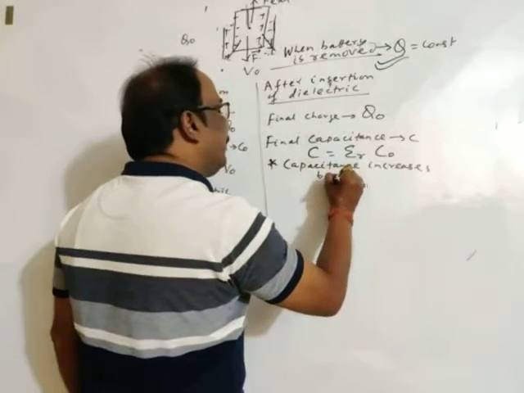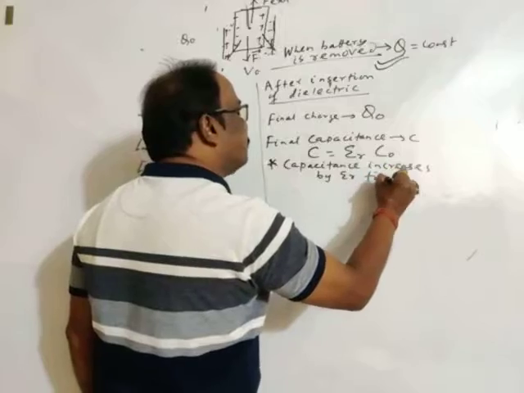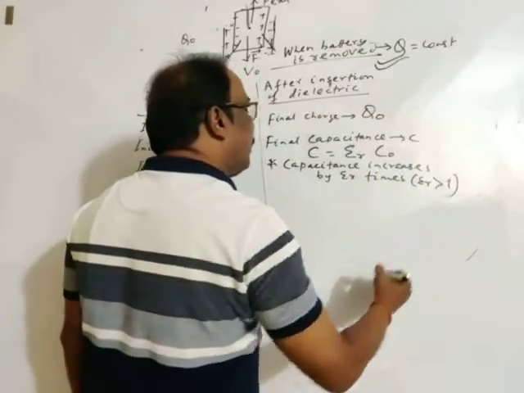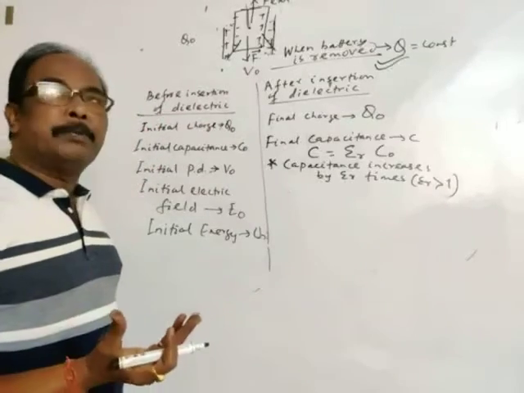Epsilon r is greater than 1 for a dielectric, so capacitance increases by epsilon r times.